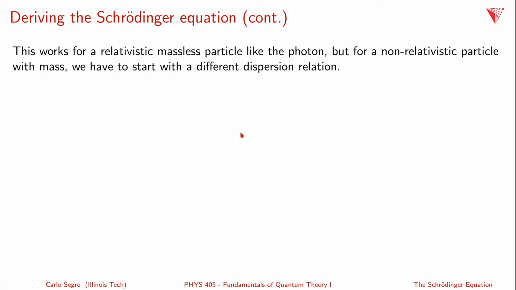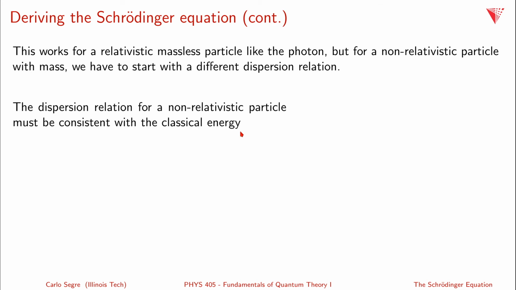But when you have a non-relativistic particle with mass, you have to start with a different dispersion relation. So the dispersion relation for a non-relativistic particle has to be consistent with classical energy. This is the notion that Schrödinger had. And what is that? That means that the classical energy, E, is equal to p squared over 2m, right?